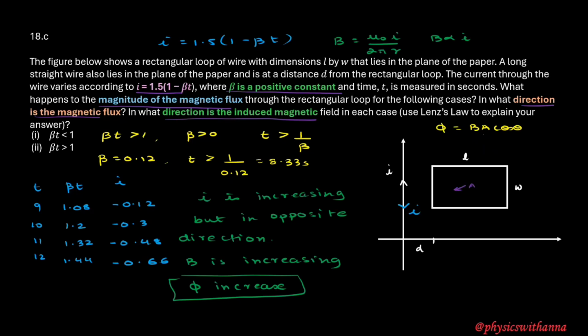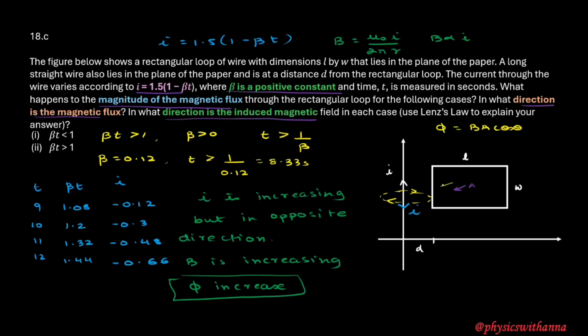This is an open loop, but it is kept on a paper. It's in the plane of the paper. Area vector we will take coming out of the paper. And magnetic field in this situation, the current is going down. So you can show your magnetic field using right hand thumb rule. Point your right hand thumb down and your fingers will curl in clockwise sense. So magnetic field is going clockwise.